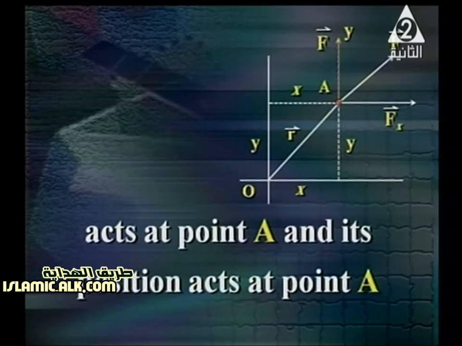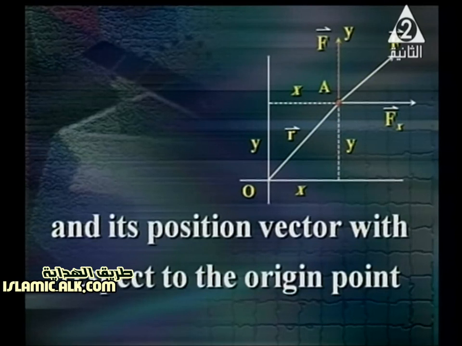When the force F acts at point A, we resolve it in two directions, fx and fy. In this case, F equals fx i plus fy j, acting at point A, with the position vector with respect to the origin point.